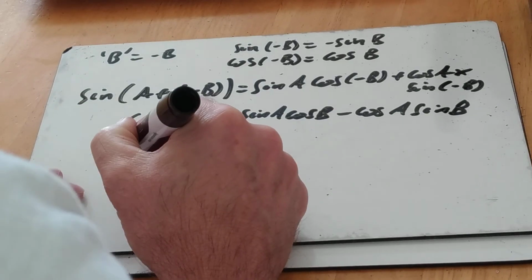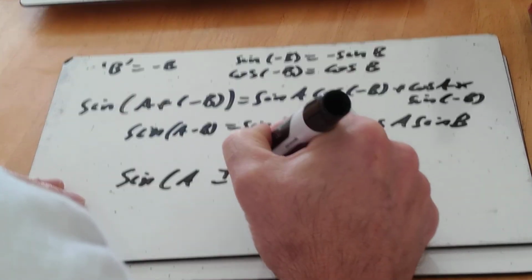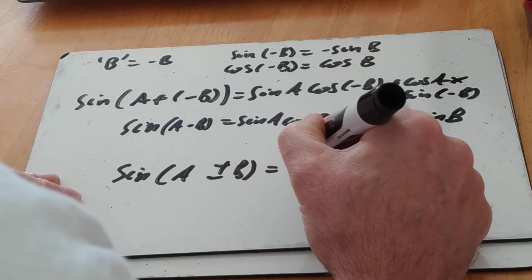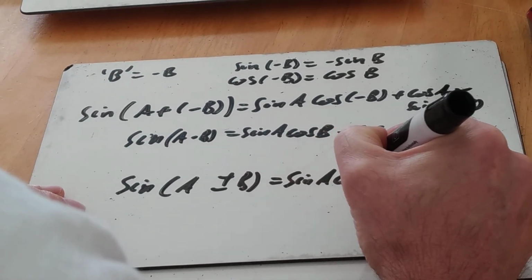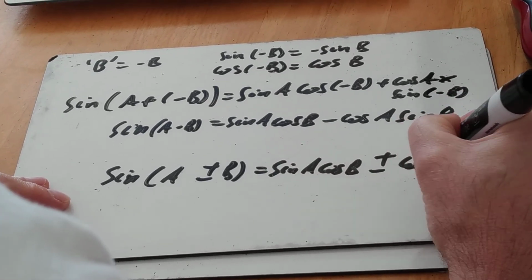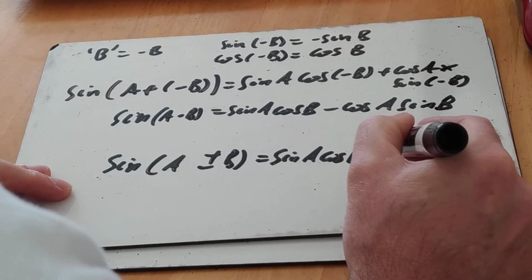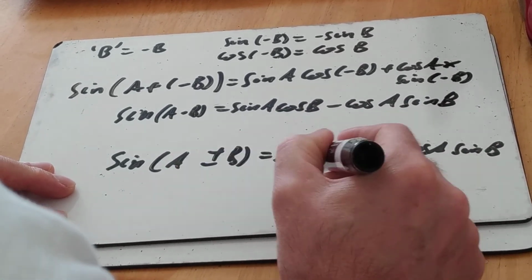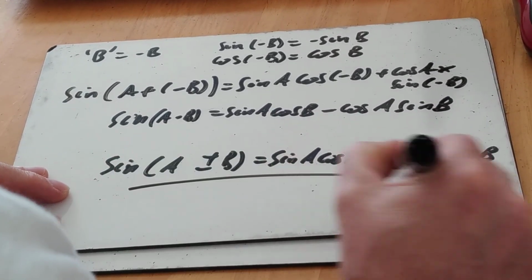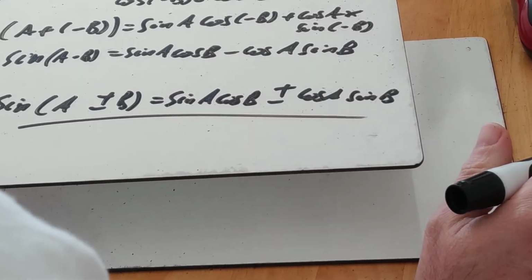And you will often see the two of those written together as a plus or minus like that. So it's still sine A cos b, and then plus or minus cos A sine b. What it means is, if it's the plus, we take the top one, plus. If it's a minus, we take the bottom one, the minus. So that's two of our trig addition formulae.